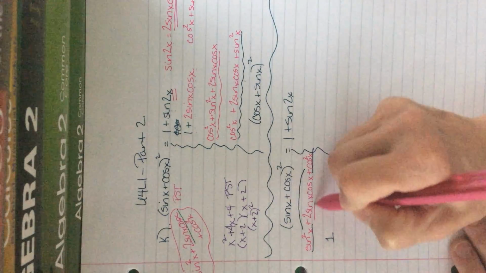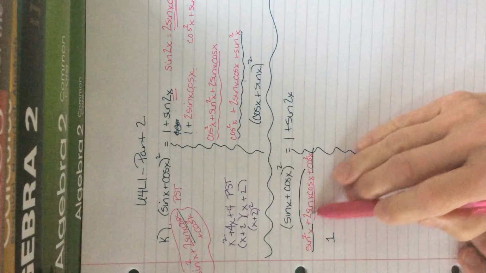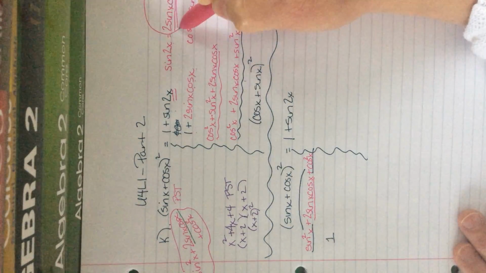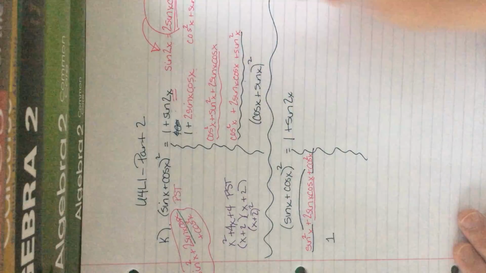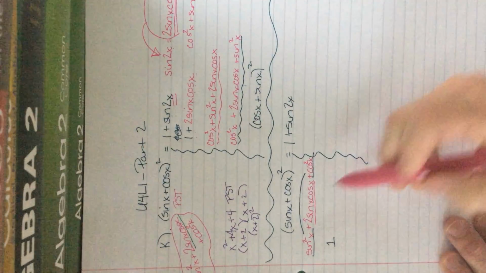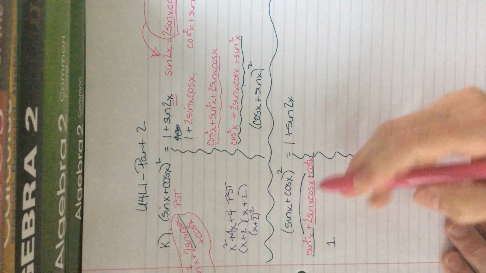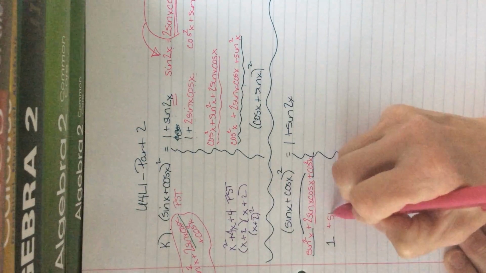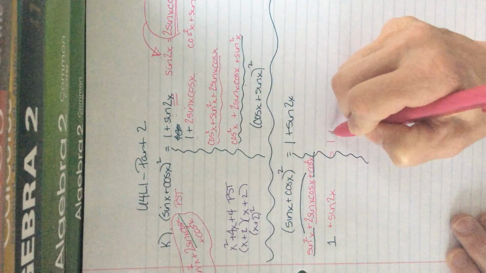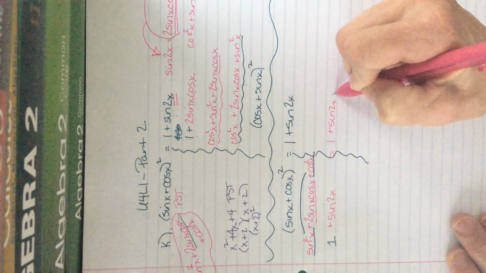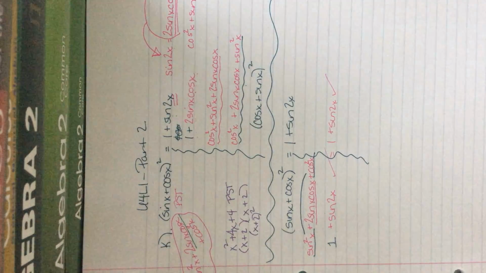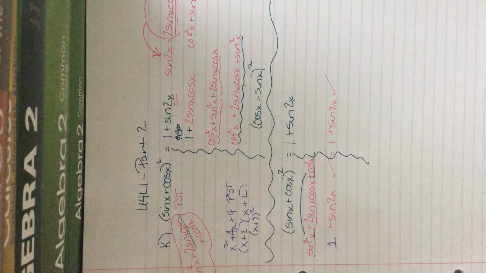Now focus on this middle term. 2 sine of x cosine of x is the double angle for sine of 2x. So I can replace this 2 sine of x cosine of x with sine of 2x, which is exactly what I was shooting for. And so that process just proved that that identity is true.